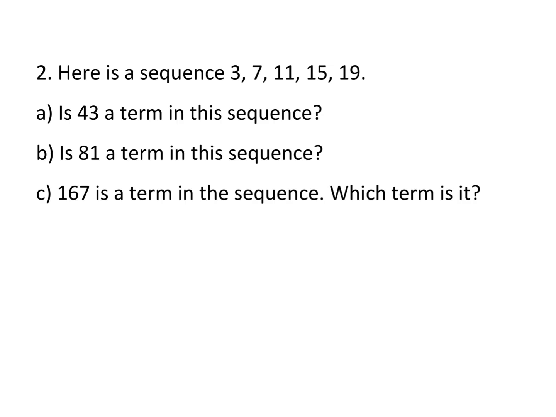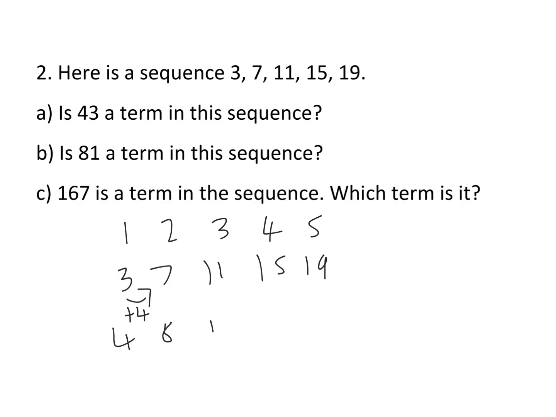So 1, 2, 3, 4, 5, that's our term numbers. 3, 7, 11, 15, and 19. I can spot that it's gone up by 4. Don't have to write it in every time, but I can see it's always gone up by 4. The 4 times tables goes up by 4.